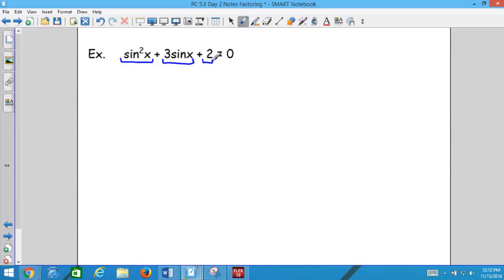Guess and check. And if you need to rewrite this using u, if it's easier for you to factor over here first and then write the answer with sines instead, you could do this if you want.